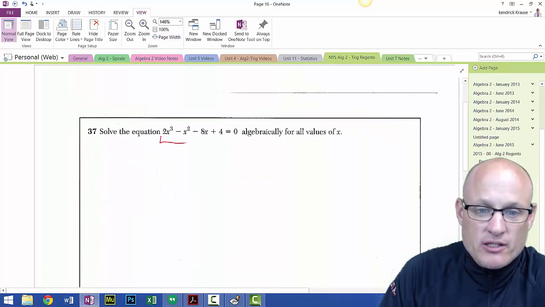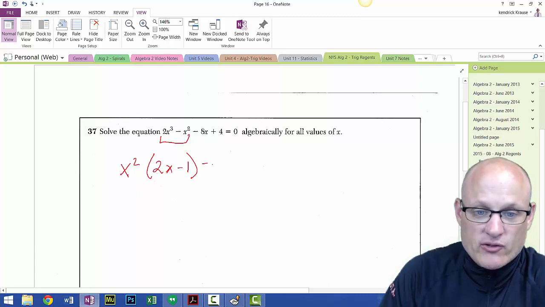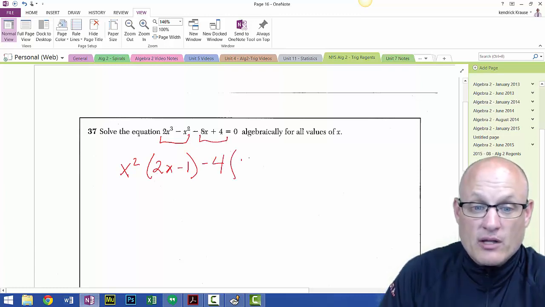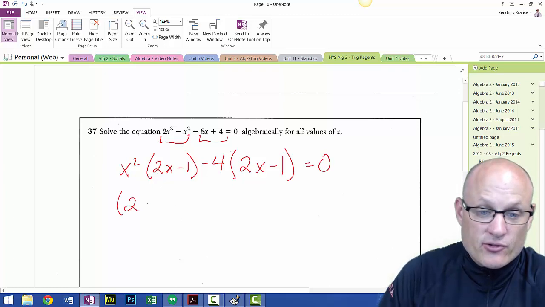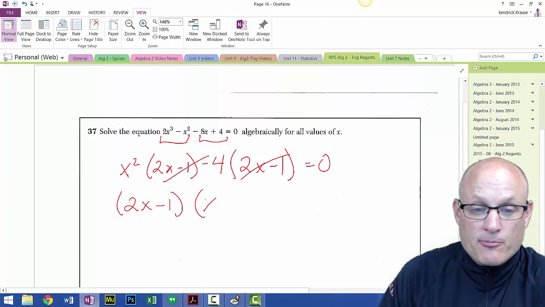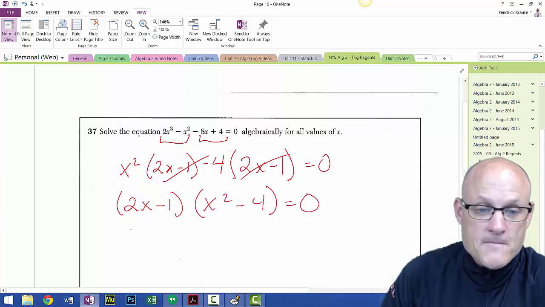Simple. You group these two together. You can take out an x squared. You're left with 2x minus 1. Copy over this sign, minus. What can I take out of these two? Oh, I can take out a 4. I'm left with 2x minus 1 equals 0. They have to match. So 2x minus 1 is my first set of parentheses, and my other set of parentheses is x squared minus 4 equals 0.